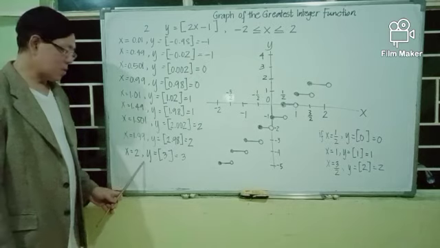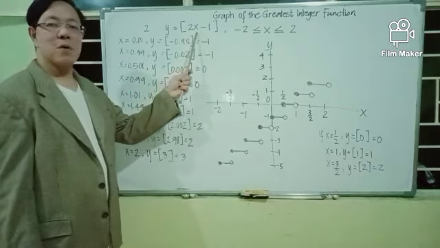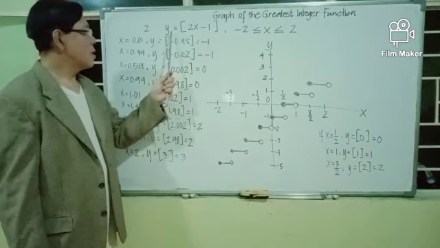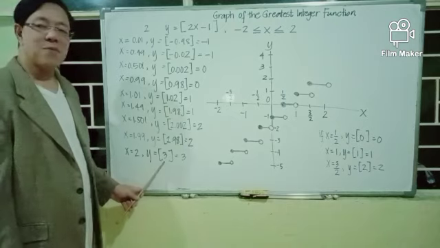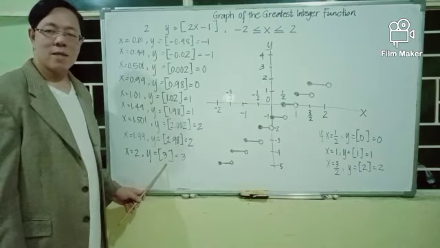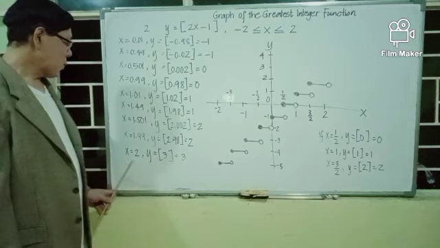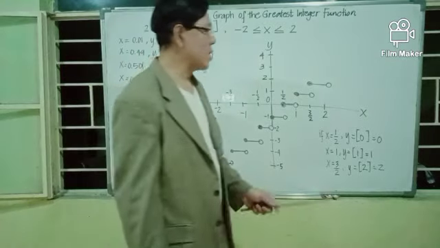Here when x equals 2, substitute in the given function: 2 times 2 is 4, minus 1 is 3. Hence, when x is 2, the value of y is the floor of 3, or the greatest integer that is less than or equal to 3, and that integer is 3. When x is 2, the value of y is 3. So we plot this point (2, 3).